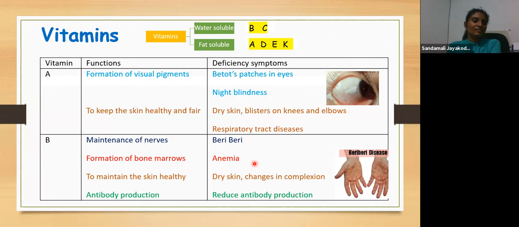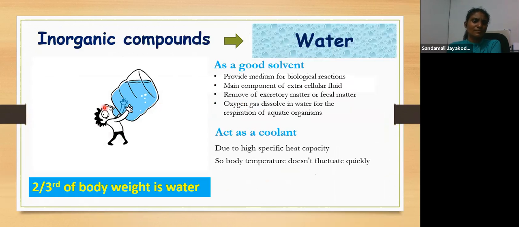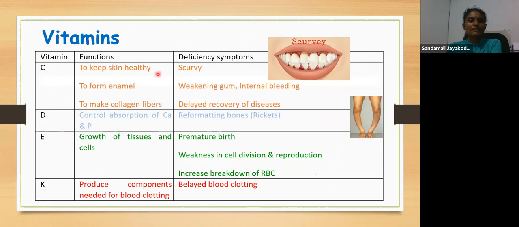And then another few vitamins. These are the only vitamins we have to discuss. C, we get scurvy. The symptoms of scurvy are weakening gums and internal bleeding too. When we get scurvy due to the absence of enough vitamin C, our gums weaken.